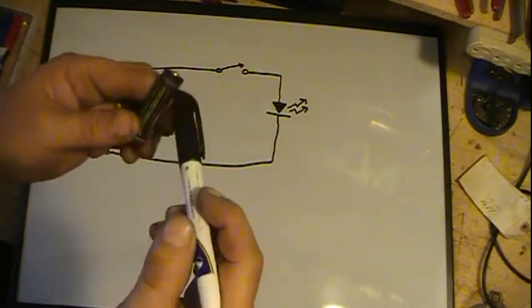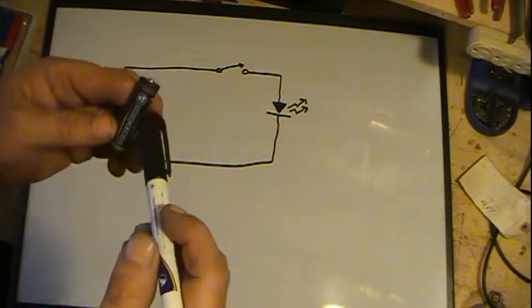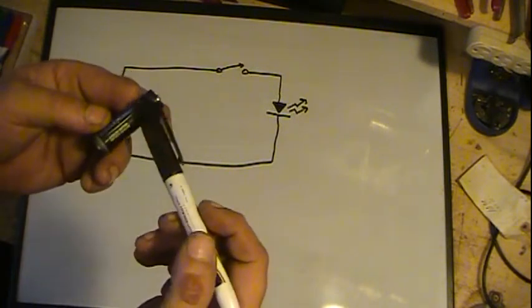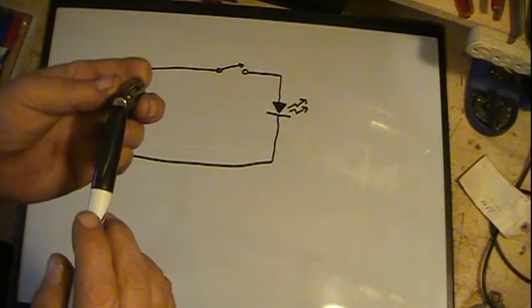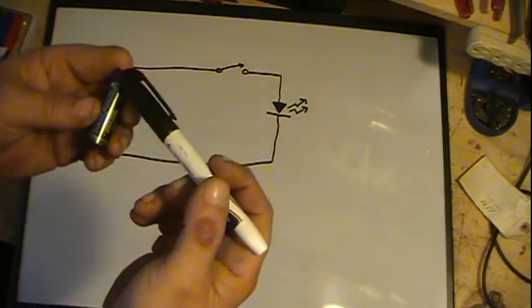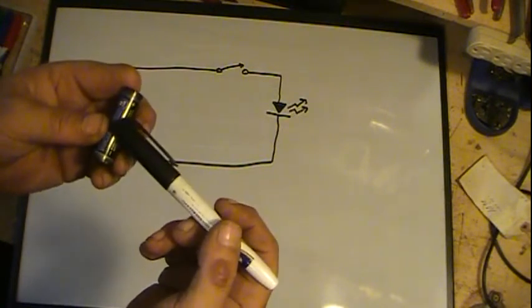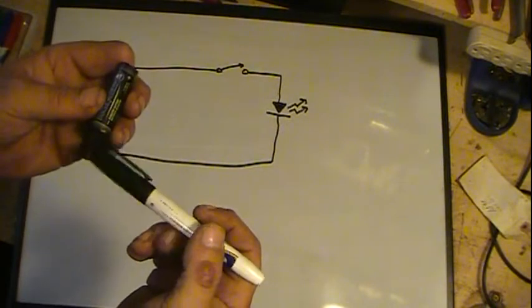The case on the outside, which used to be zinc, now they use other metals. But in any case, the outer case, which is connected here, is given those electrons by that electrolyte, and it gets negative charged.